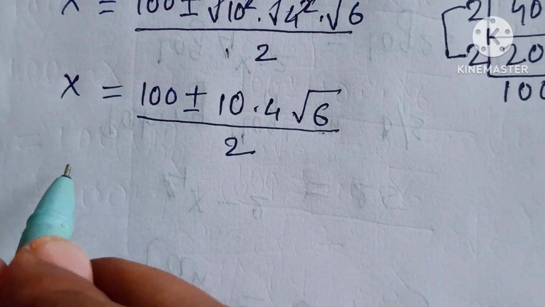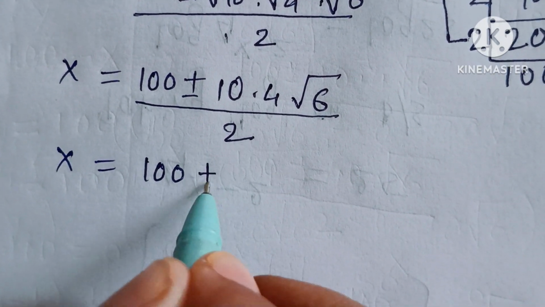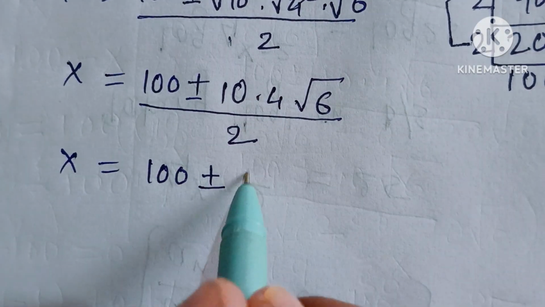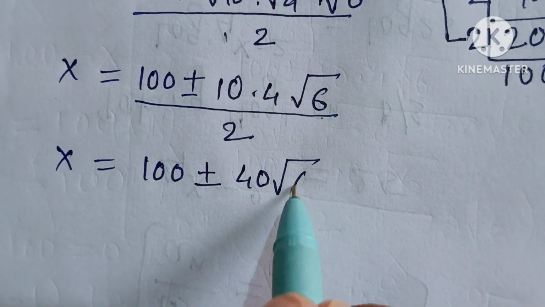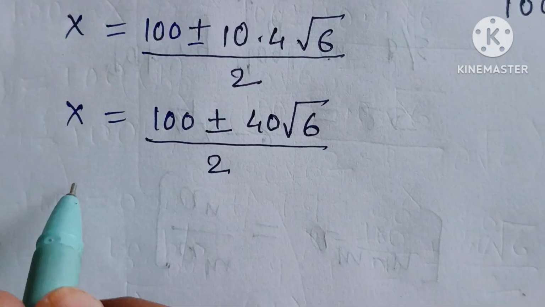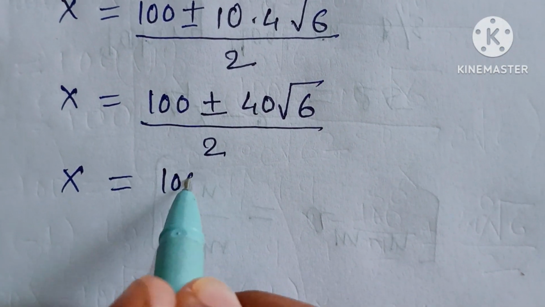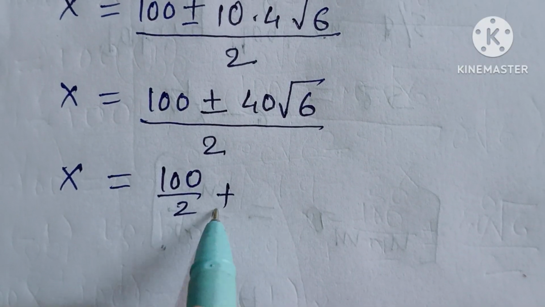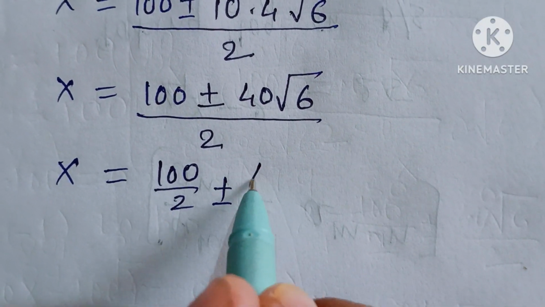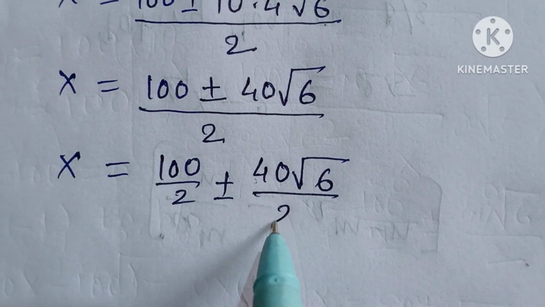Now x equal to 100 plus minus 10 4s are 40 under root 6 divided by 2. x equal to 100 divided by 2 plus minus 40 under root 6 divided by 2.